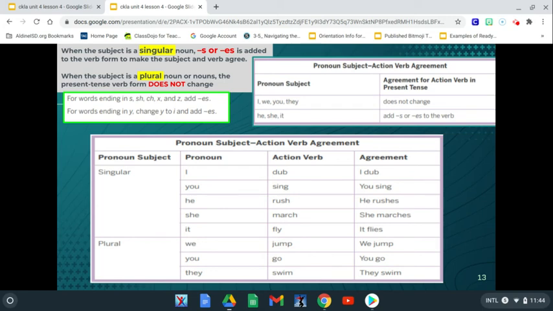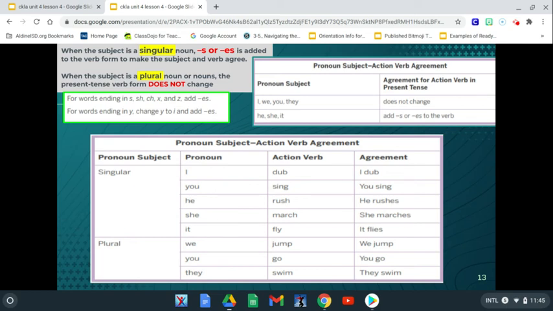That means more than one, the boys, or the cars, the shoes. Then your present tense verb does not change. So for pronouns like I, we, you, they, your verb does not change. It stays the same. But pronouns like he, she, it are singular pronouns, so you add an S or ES to that.